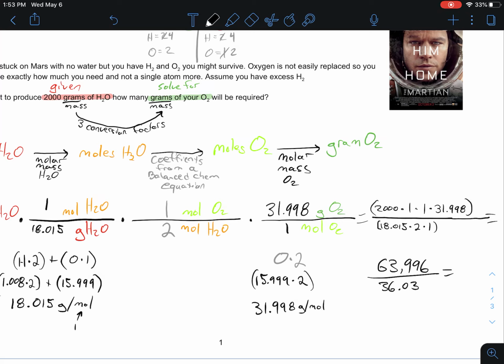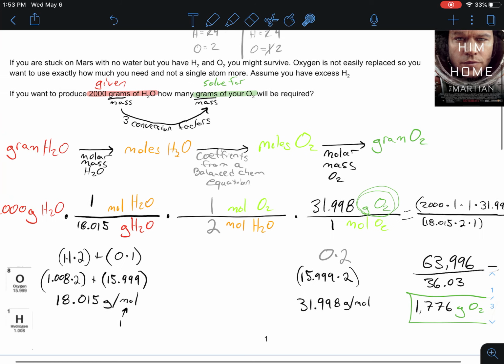Top divided by the bottom. You end up with 1,776 grams of oxygen. How'd I know to say grams of oxygen? Because that was the only unit that survived up top. I wanted grams of oxygen. I got grams of oxygen.